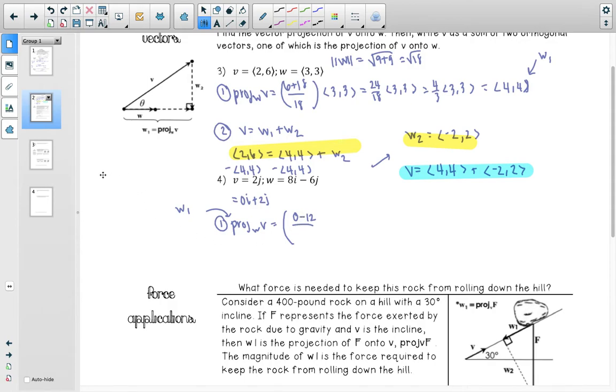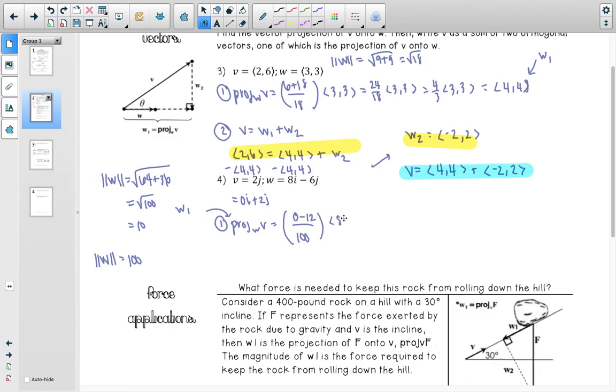And then if you want to find the magnitude, you would take 8 squared, which is 64, and negative 6 squared, which is 36. If you add that together, you get the square root of 100. The square root of 100 is 10, but there's really no point in simplifying because you're going to square this whole thing anyway. So when you square it, you get 100. Either way, it's 100.